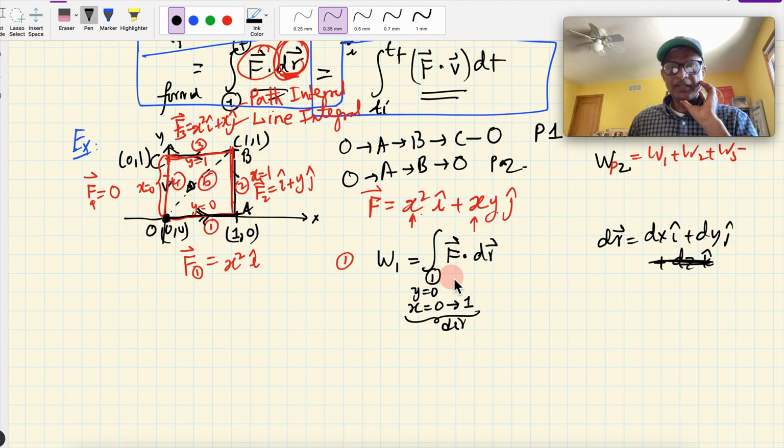So if you look at f1, it's x square i hat. So i hat with i hat will give me 1, but i hat with j hat will give me 0.